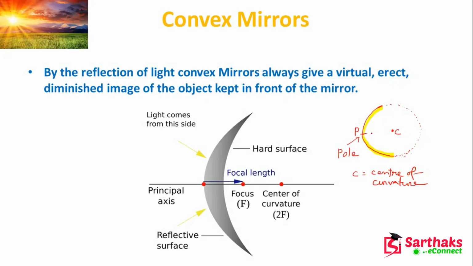Now, if we join these two points with a line through the center of curvature, this line is called the principal axis. Now, this one is the focus, F. The length from pole to C is twice the length from P to F, so PF is half of this length.